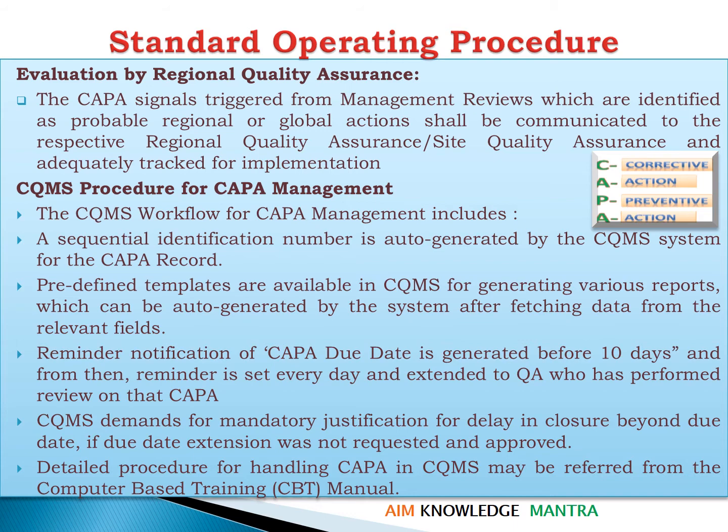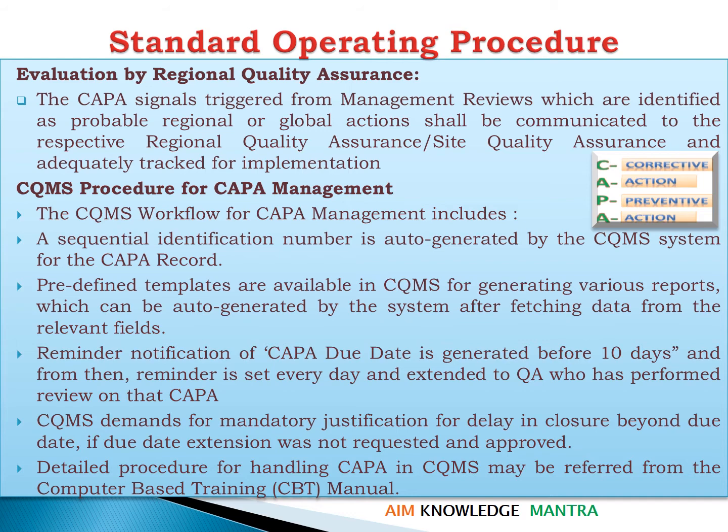CQMS procedure for CAPA management. The CQMS workflow for CAPA management includes: a sequential identification number is auto-generated by the CQMS system for the CAPA record. Predefined templates are available in CQMS for generating various reports, which can be auto-generated by the system after fetching data from the relevant fields.